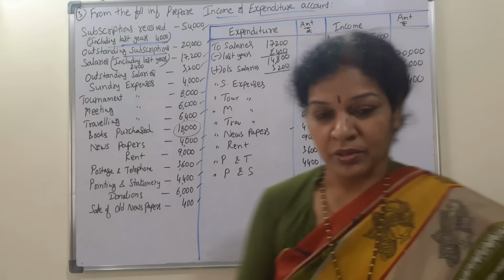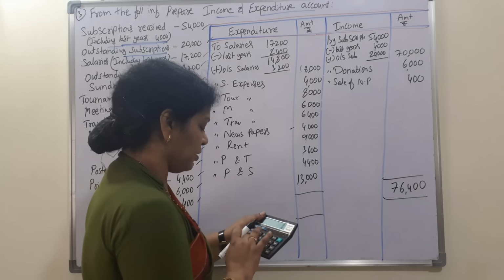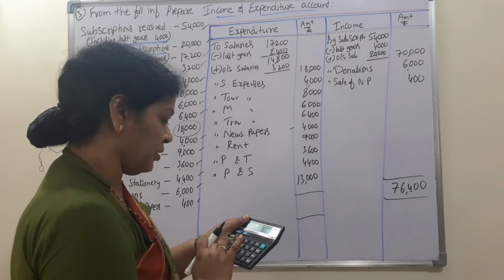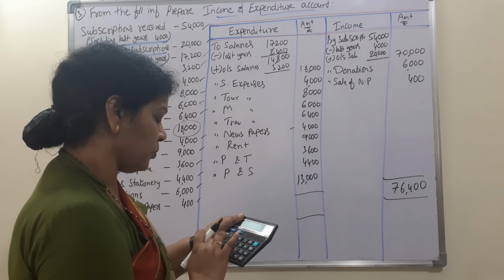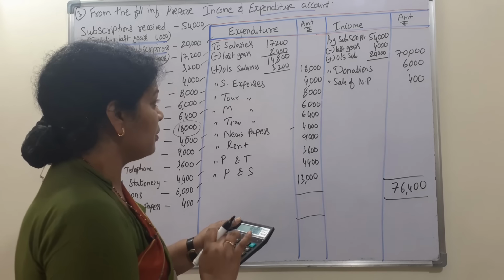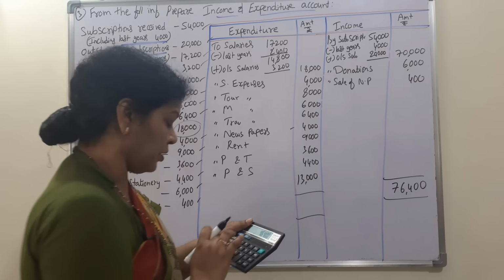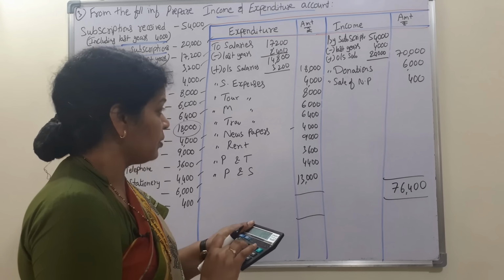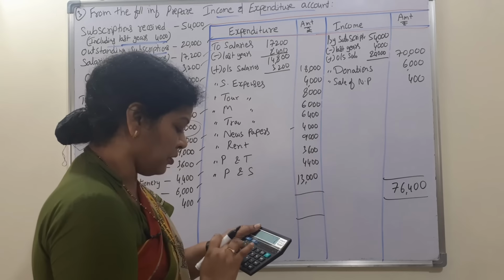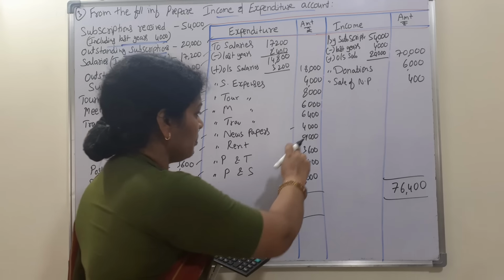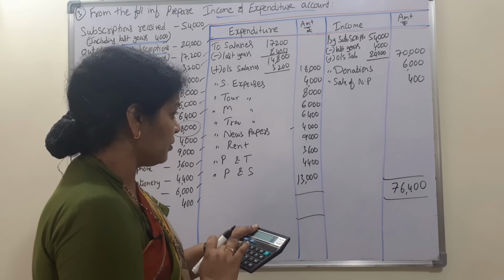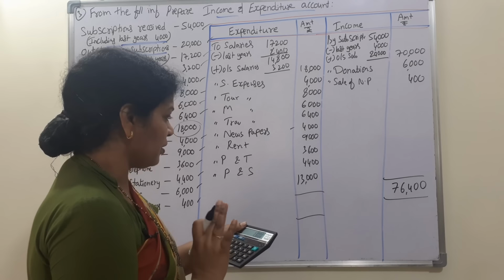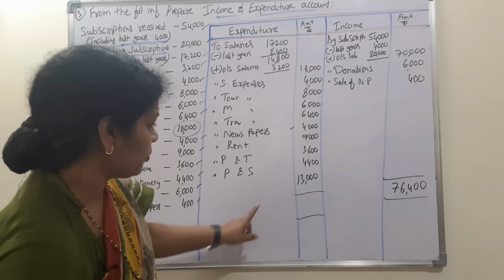Let me go for calculation once again. 76,400 minus 18,000 minus 12,000 minus 10,400. No, this is 12,400. Minus 13,000 minus 3,600 minus 4,400. 13,000 exactly correct. Okay, so 13,000 we are getting.